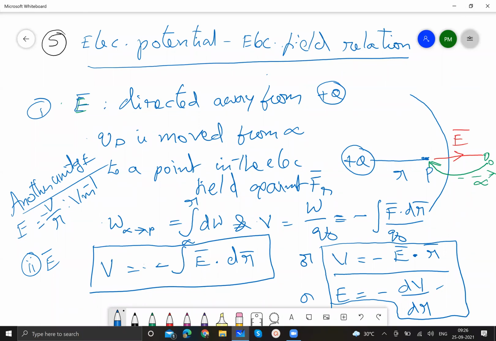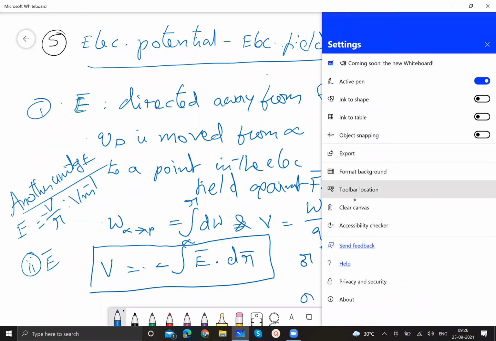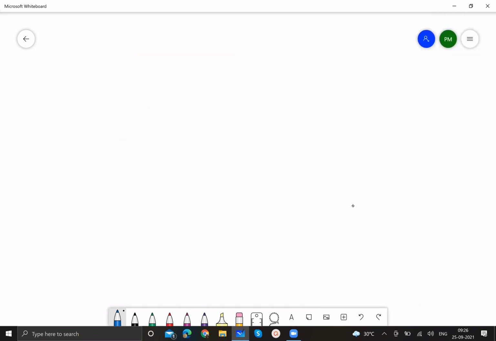And already we had a discussion about the equipotential surface. That also once again I'll revise. Shapes of equipotential surfaces also I told you, I think. Do you remember? Sir, not done, sir.